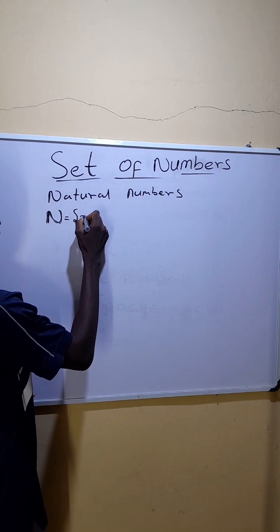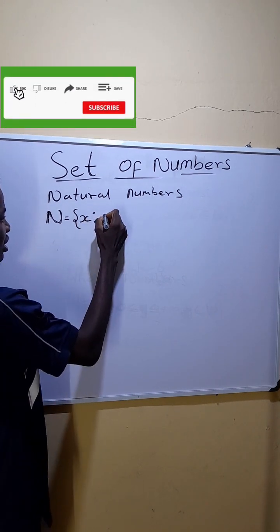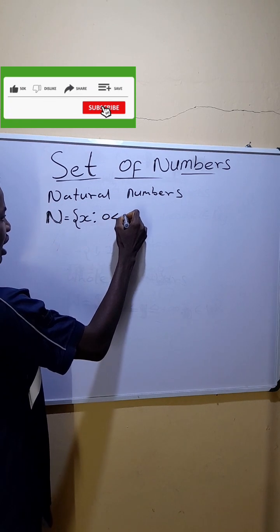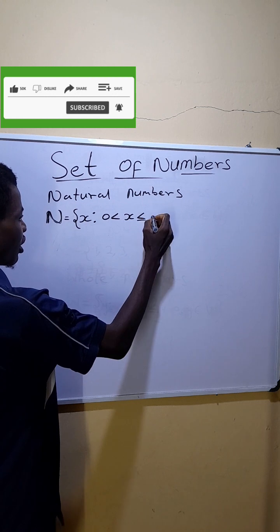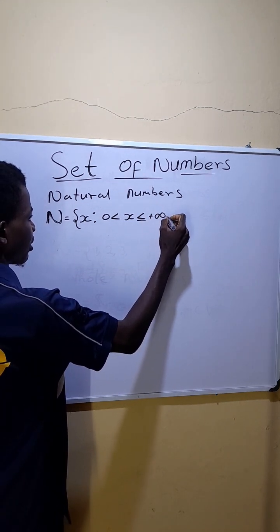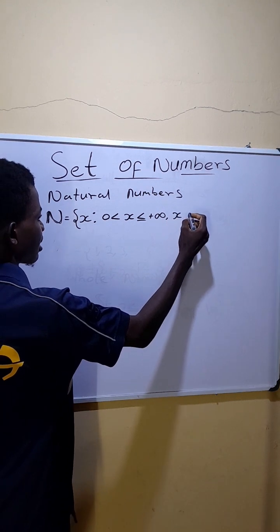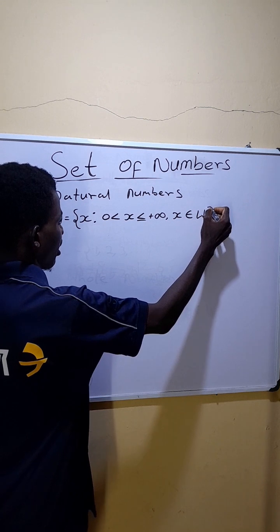That is, we can say that natural number is x, such that 0 is less than x and x is less than or equal to positive infinity, where x comes from whole number.